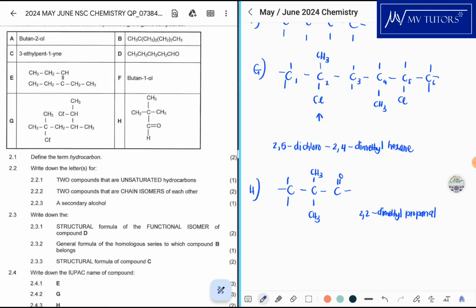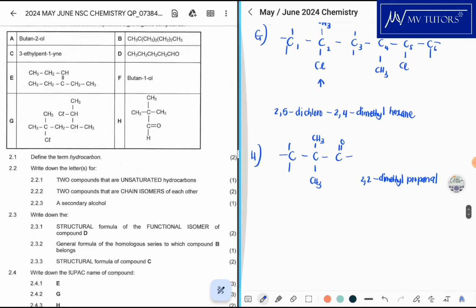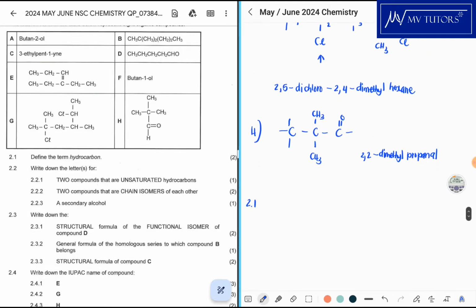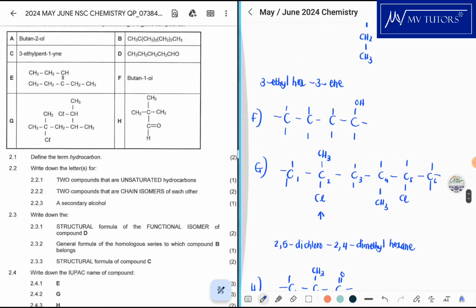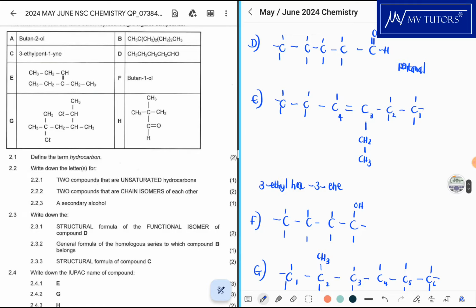Okay, so we're done looking at this in detail. Now we can answer questions. Define the term hydrocarbon. Well, that's basically a compound that consists of hydrogen and carbon atoms. 2.1: Write down the letters for 2 compounds that are unsaturated hydrocarbons.